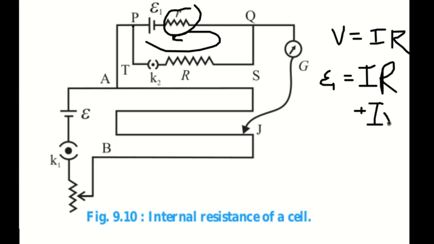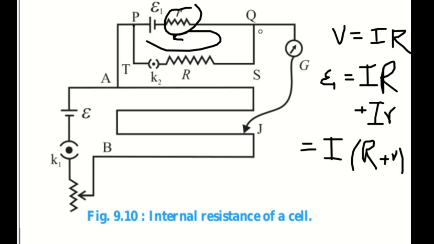Taking I common, this is I into (capital R plus small r), external resistance plus internal resistance.